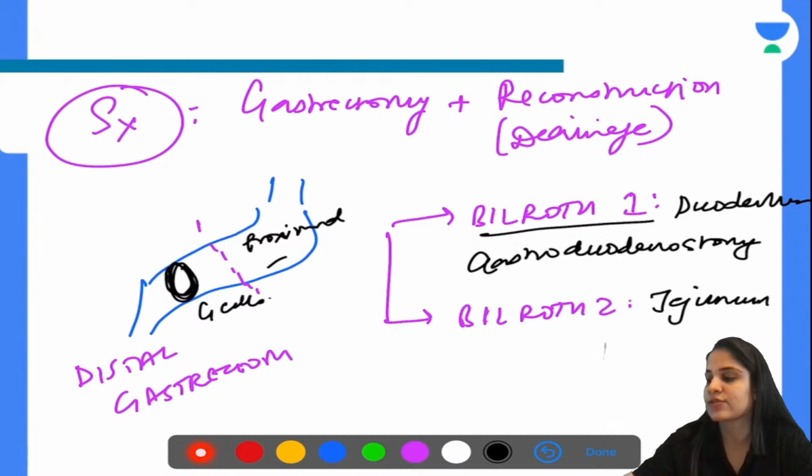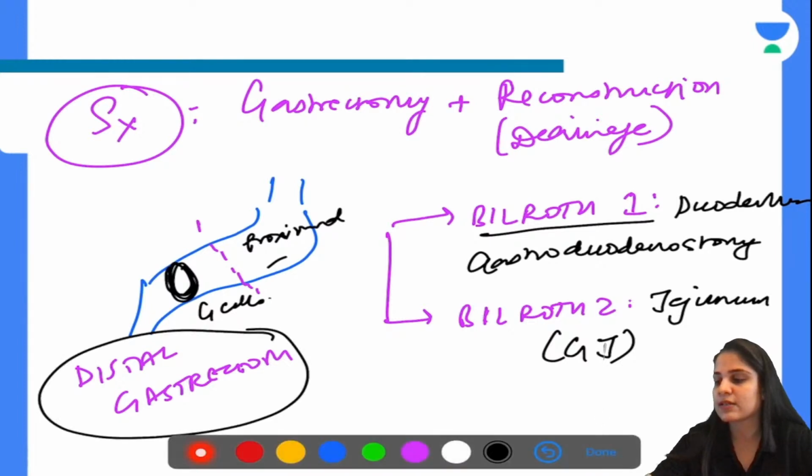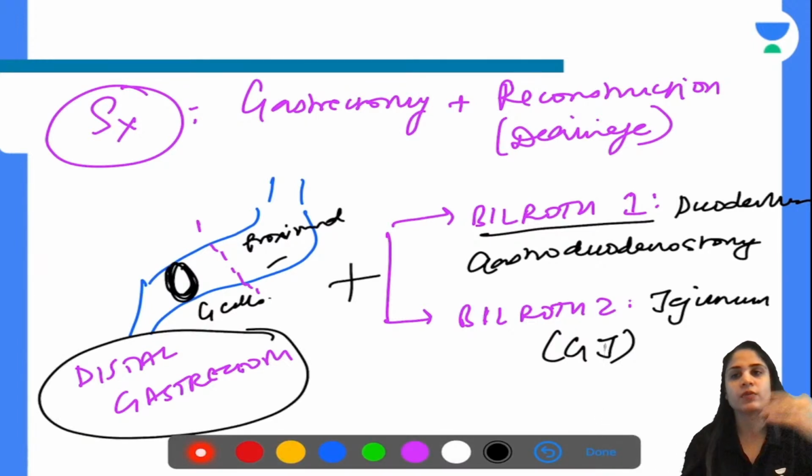So you're doing a GJ, or gastrojejunostomy. That is the difference between your drainage procedures, Billroth 1 and Billroth 2. Both of them will have distal gastrectomy. Along with distal gastrectomy, you will have a separate drainage procedure, either Billroth 1, a gastroduodenostomy, or Billroth 2, a gastrojejunostomy.